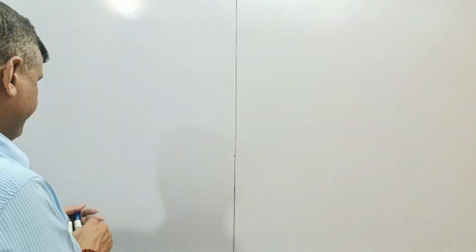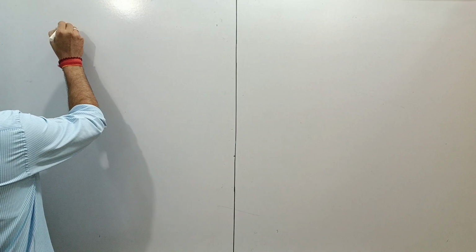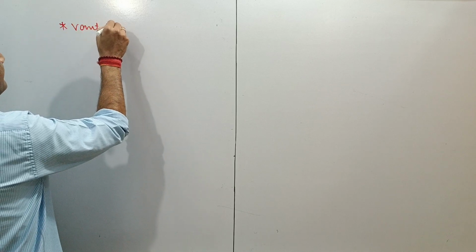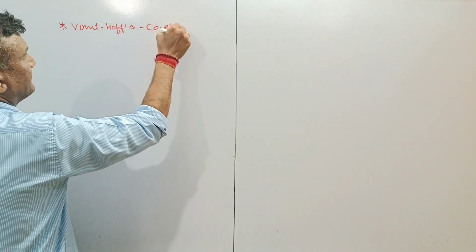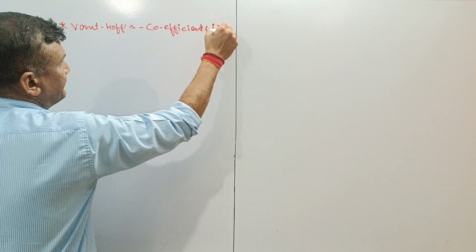So this is the van't Hoff coefficient. It is denoted by i.